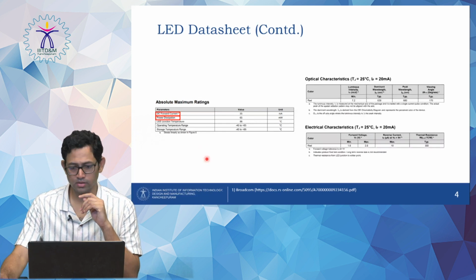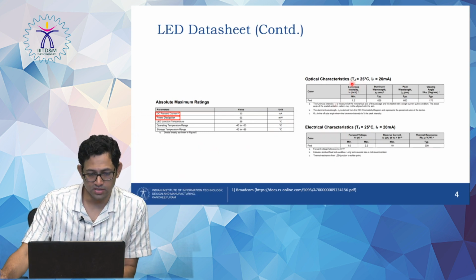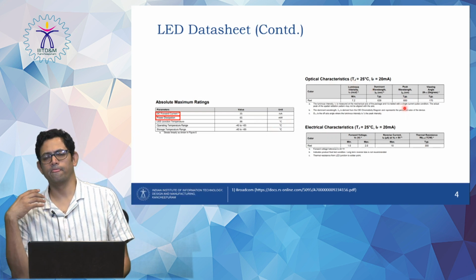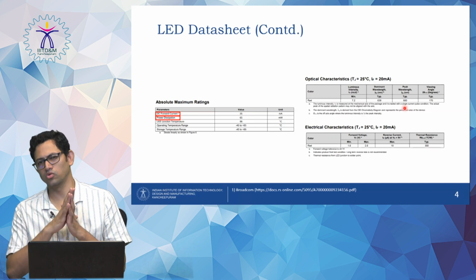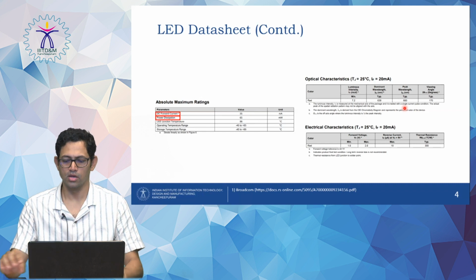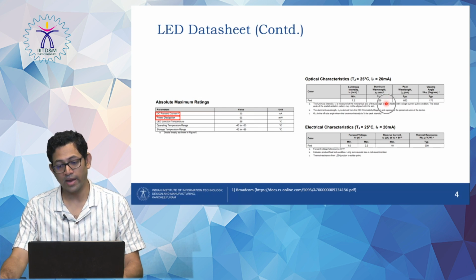Now the second thing is the optical characteristics. That is to know the wavelength of your light emitting diode. That is one of the most important things, in addition to how much you are driving the laser with. You can see over here that the dominant wavelength is 639 nanometers.